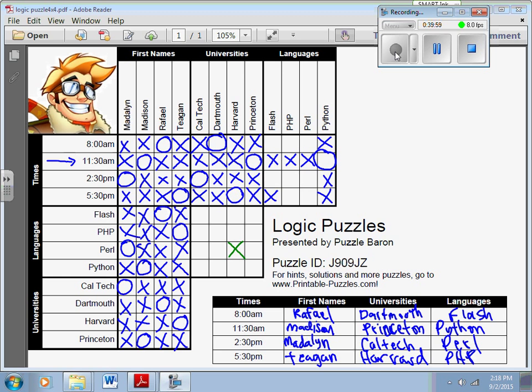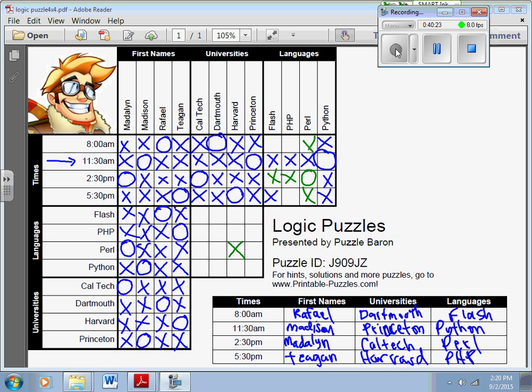Okay. All right. Take a look at your chart. I can fill in the rest at this point. I know that Madeline arrived at 2:30, is the Perl programmer and went to Caltech. So Madeline, 2:30, Caltech, Perl programmer. You guys see that?